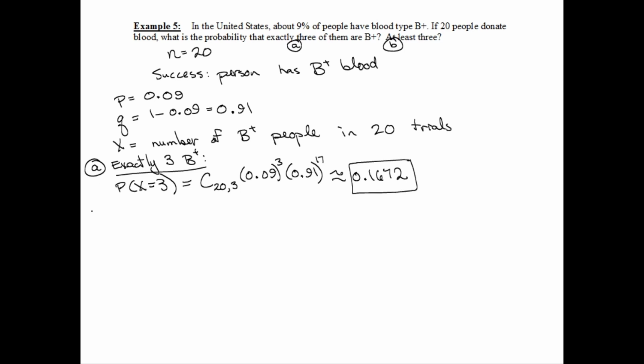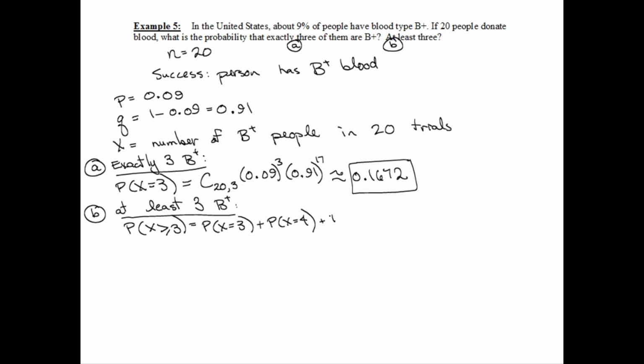Okay, let's move on to where we have at least 3 being B positive. Here we want the probability of at least 3 successes. We're going to have a separate formula for each possible number of successes. So we could have 3 successes. We could have 4.